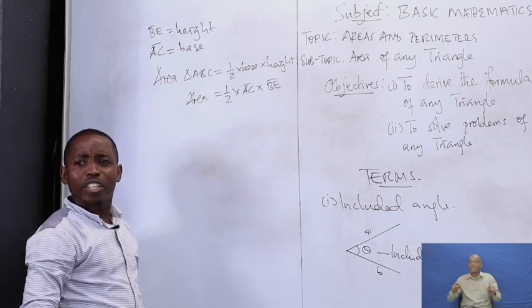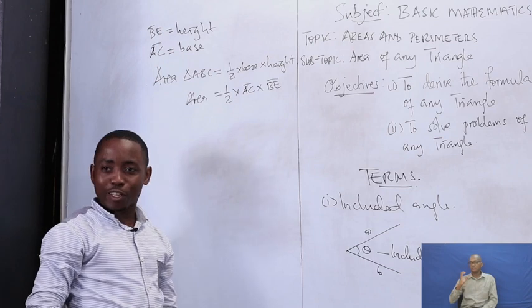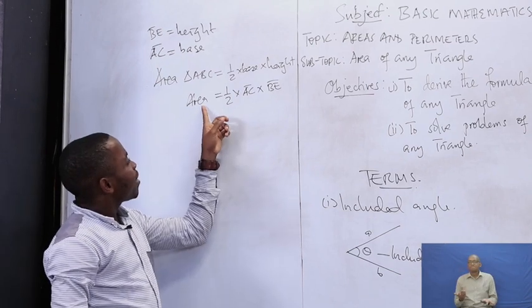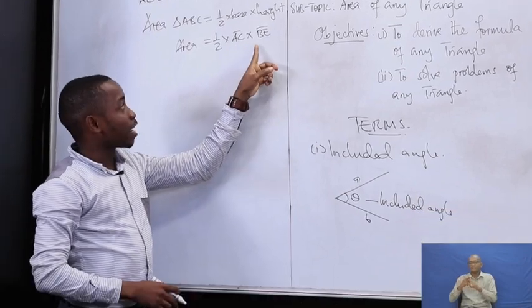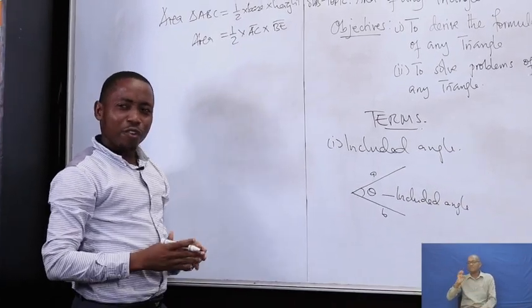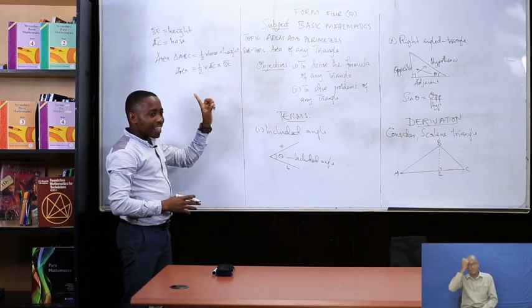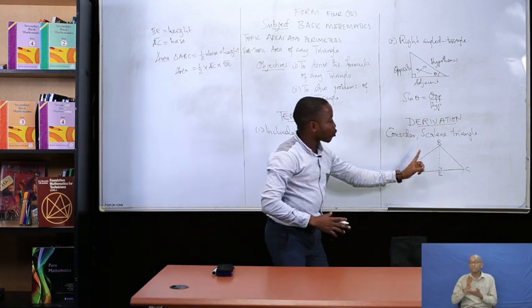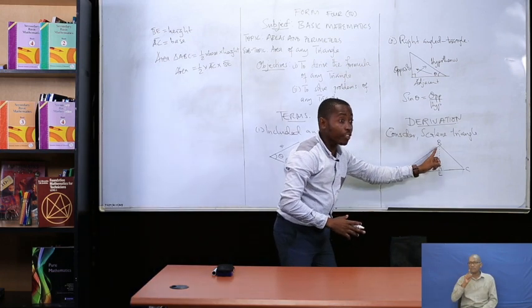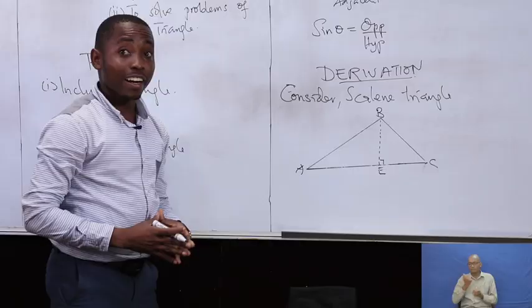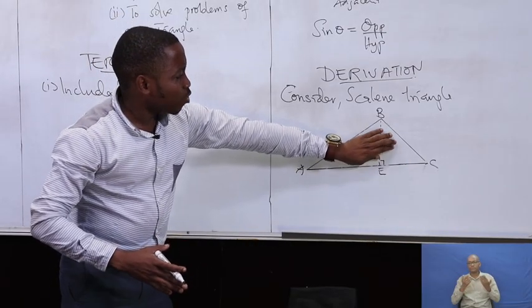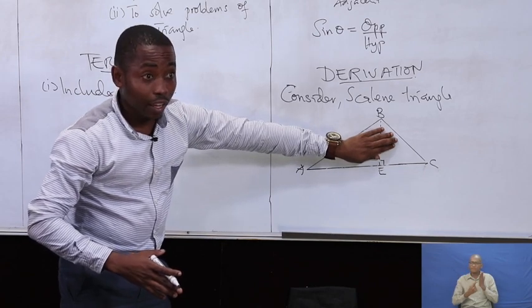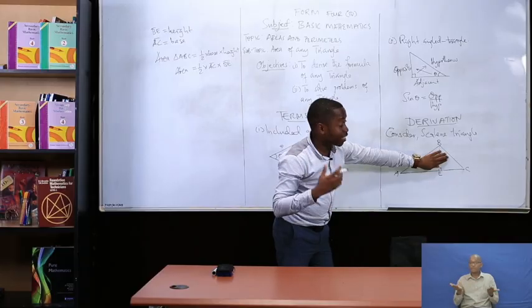But still we have a question. The area is found by taking a half times AC times BE. But if you remember, this side BE is the one that we constructed ourselves. It was not there in the original diagram. From the original diagram, this side was not there, but in the formula it is there.